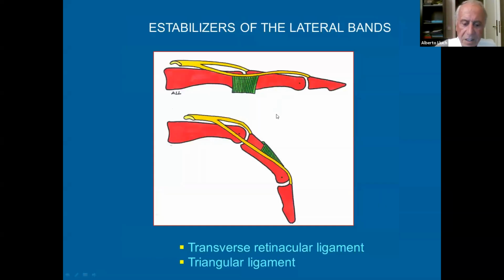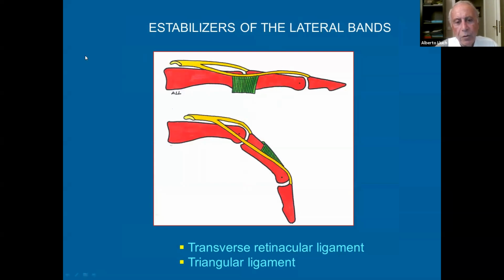And these are, as we saw before, the stabilizers of the lateral bands. So it's very important to know that the lateral bands are only extensors of the joints when the joint is in extension. But when the joint flexes, the lateral bands flex the PIP joint.